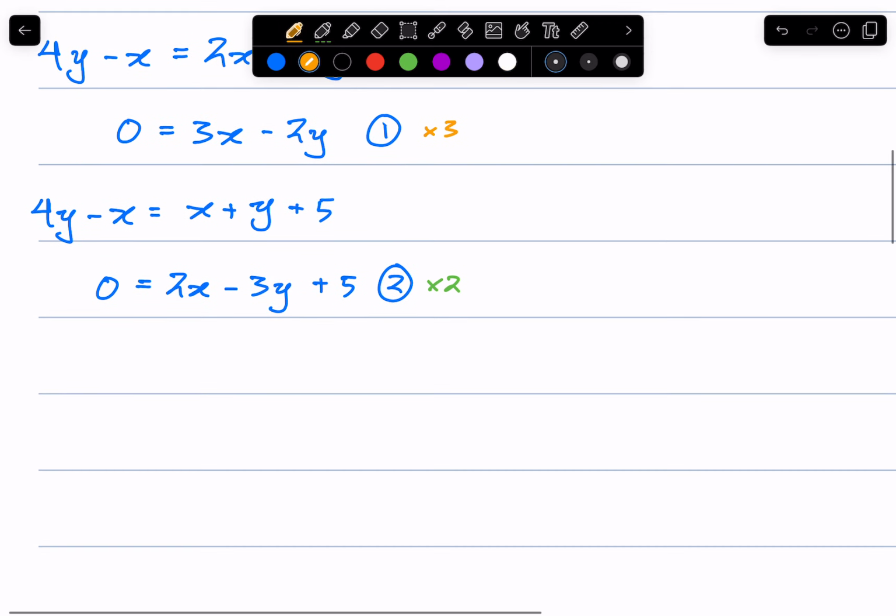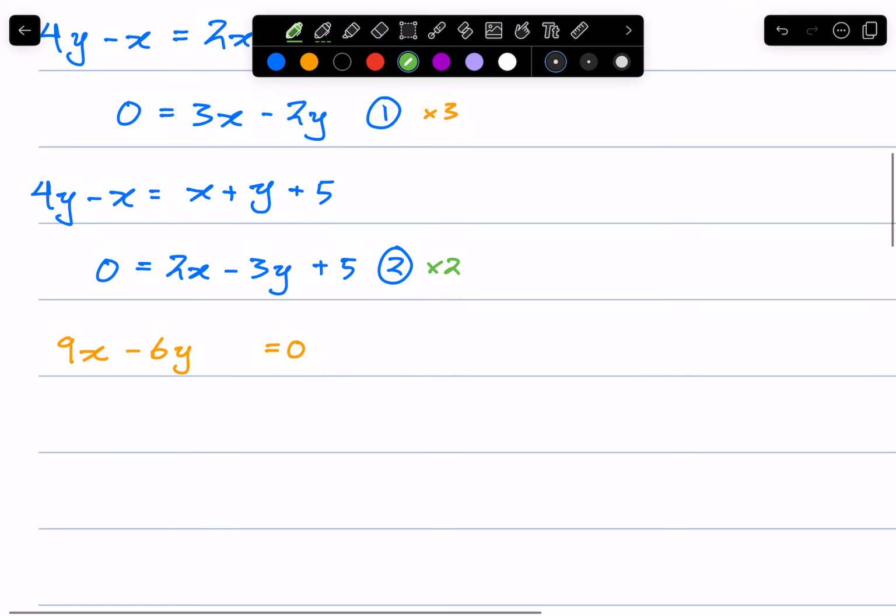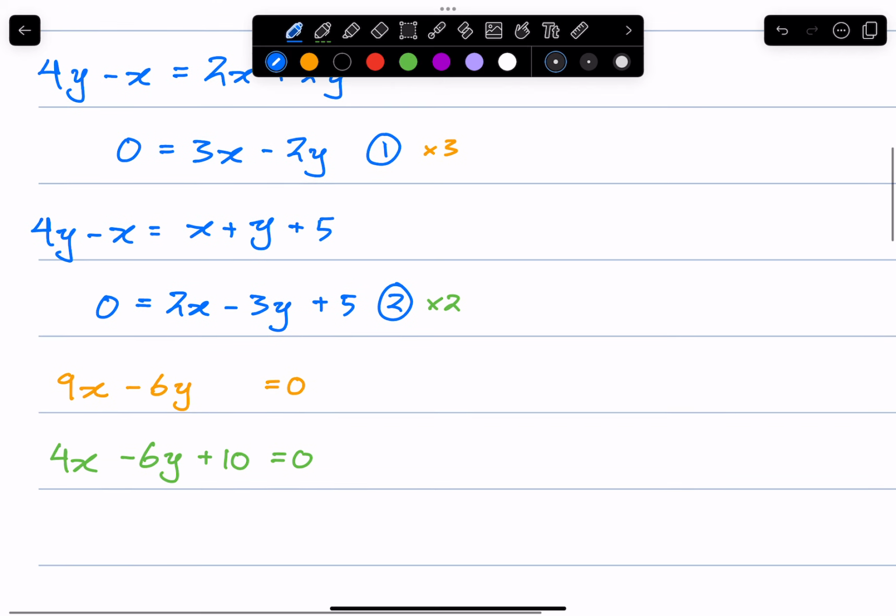So my first equation becomes 9x minus 6y equals 0. My second equation becomes 4x minus 6y plus 10 equals 0.